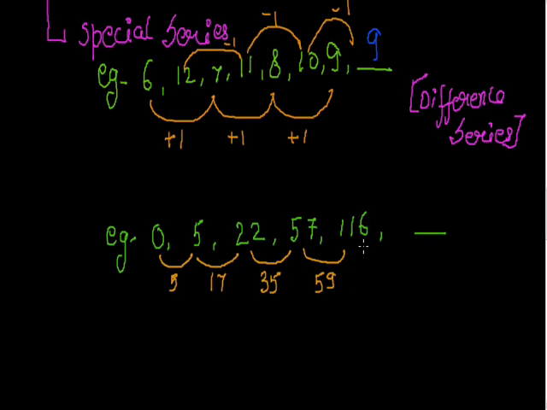Now from this we are not able to find the next number. So let us analyze the differences 5 and 17. That is 12. Again from 17 to 35, when we add 18 to it, we will get 35. From 35 to 59, when we add 24, we will get 59.